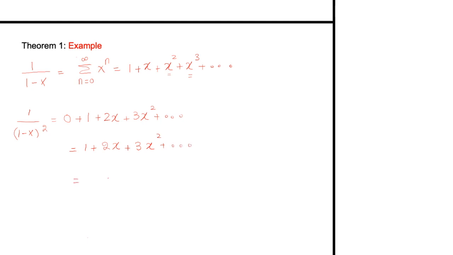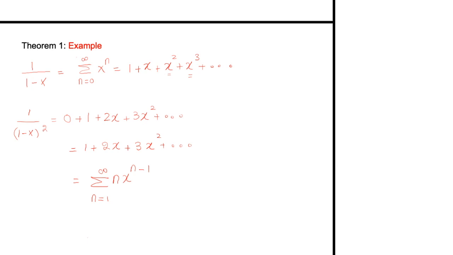In summation notation, this can be written as n into x power n minus 1, but this time the series will start from 1. So what can we conclude?